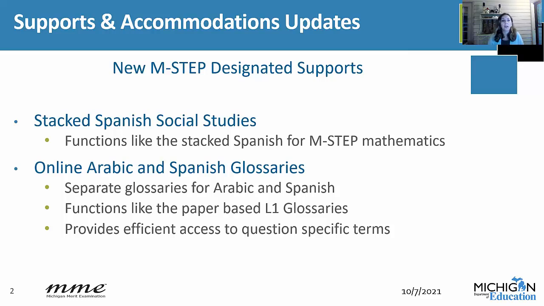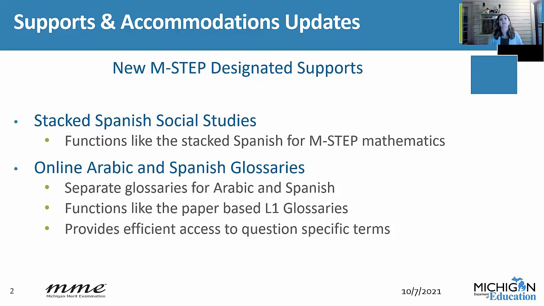The other new things that are going to be available are the online Arabic and Spanish glossaries. There are two glossaries. They are separate. There's one for Arabic and one for Spanish. This is going to function in some ways like the L1 paper glossaries do for the paper-pencil test form.